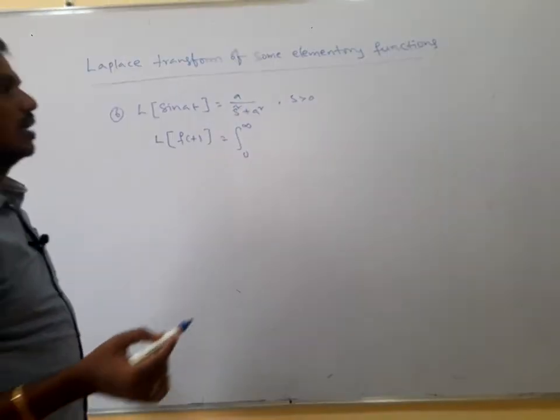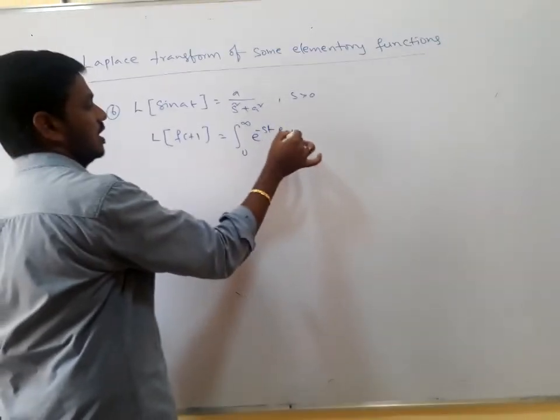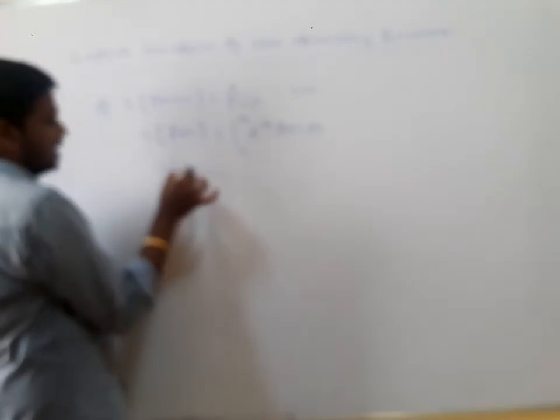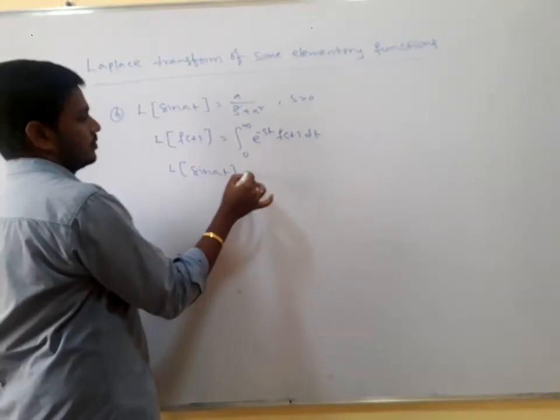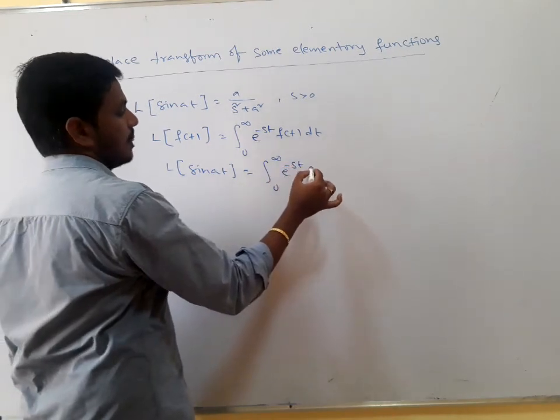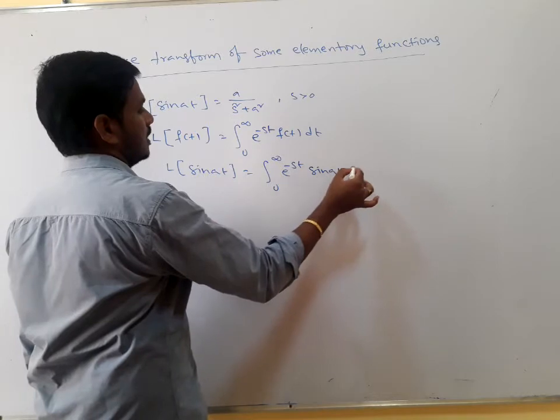Laplace transform of some elementary functions: the integral of e to the power of minus st into f of t dt. So Laplace transform of sin at is equal to the integral from 0 to infinity of e to the power of minus st sin at dt.